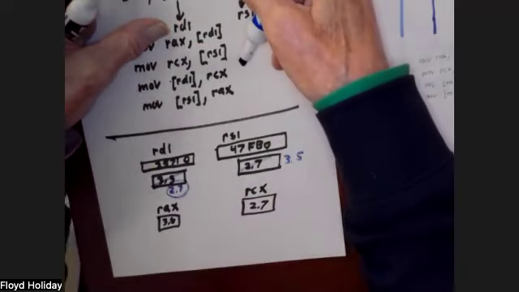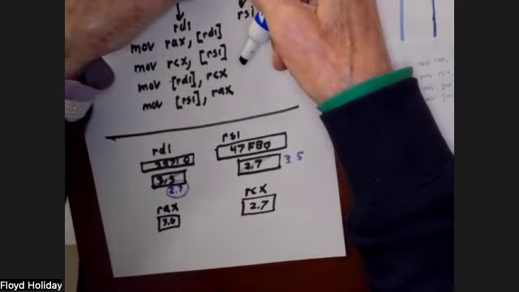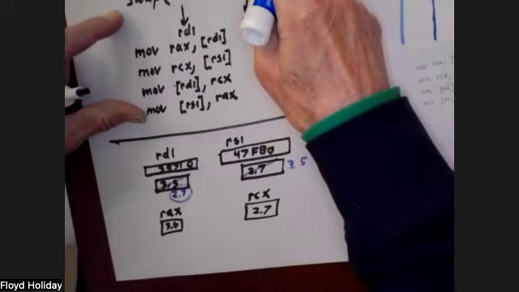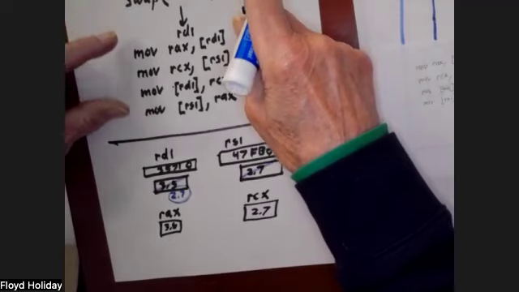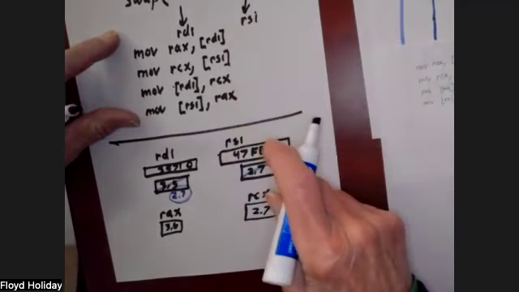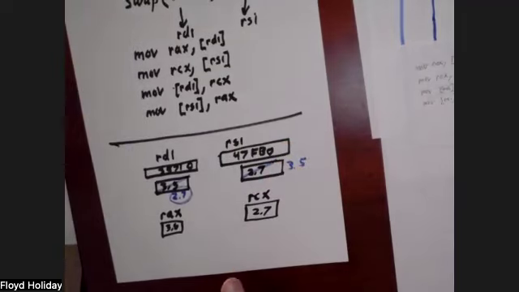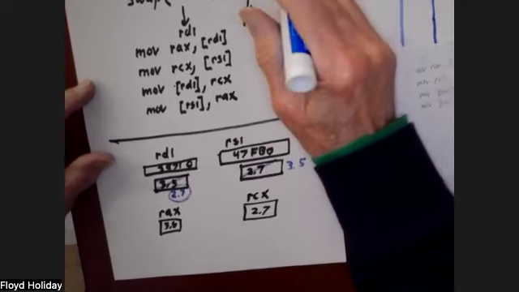And over here, take away the ampersand. Did I say that right? It's RSI. You dereference RSI, but 3.5 is now sitting there. It's looking good. They're swapping those two values.